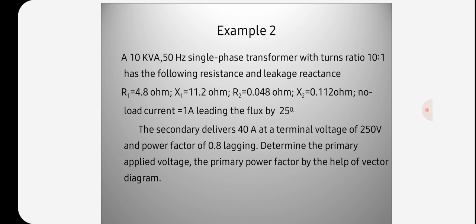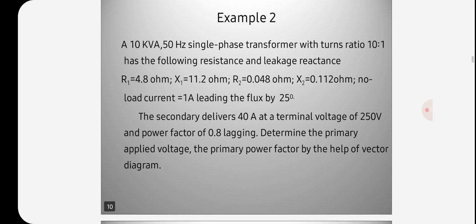No load current is equal to 1 ampere, leading the flux by 25 degrees. The secondary delivers 40 amperes at a terminal voltage of 250 volts and a power factor of 0.8 lagging. Determine the primary applied voltage and the primary power factor by the help of vector diagram.